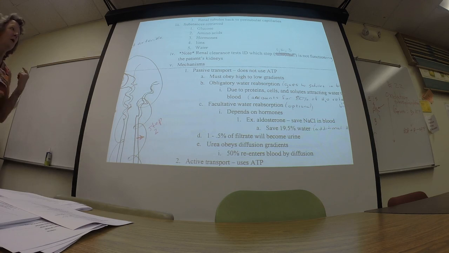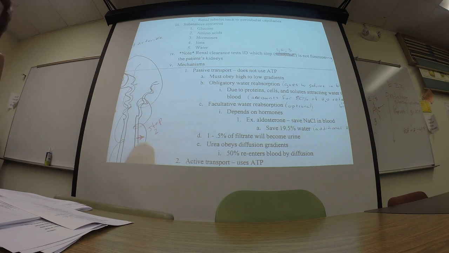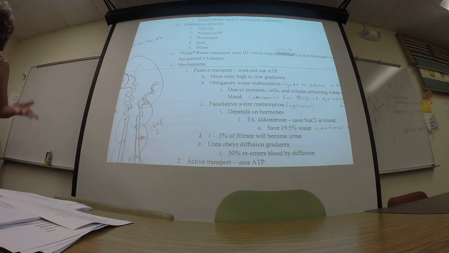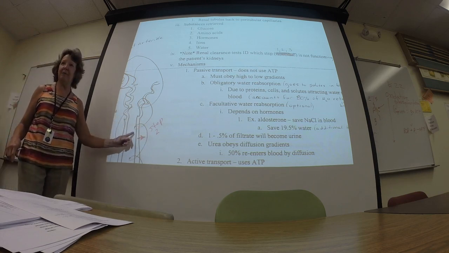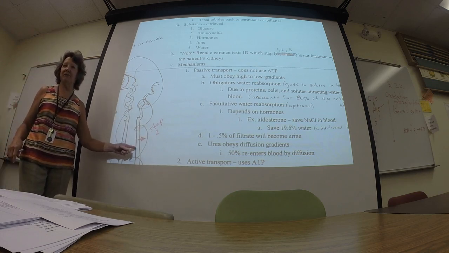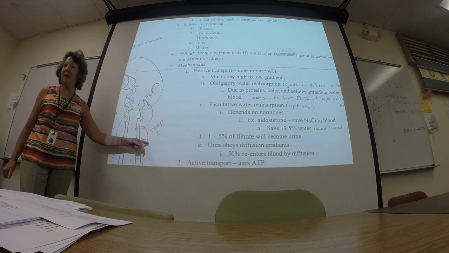So what they do to test you to see which step you're screwing up on, for instance, if they wanted to see if you were screwing up on step 2, they know that you should not, at the end of this step, have any glucose left in your nephron, because it should have all been put back into your blood at the peritubular capillaries.